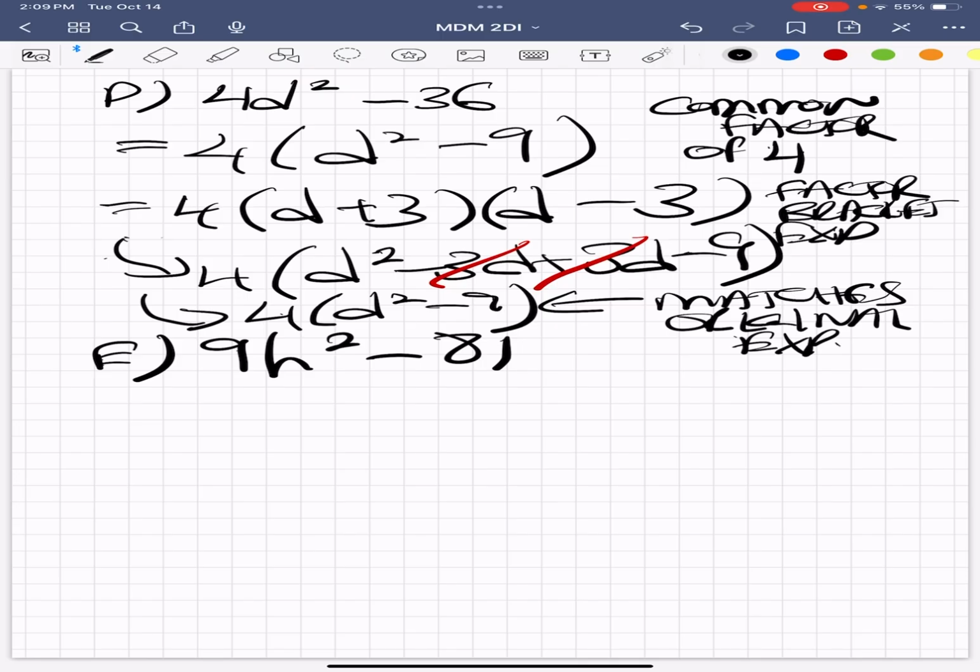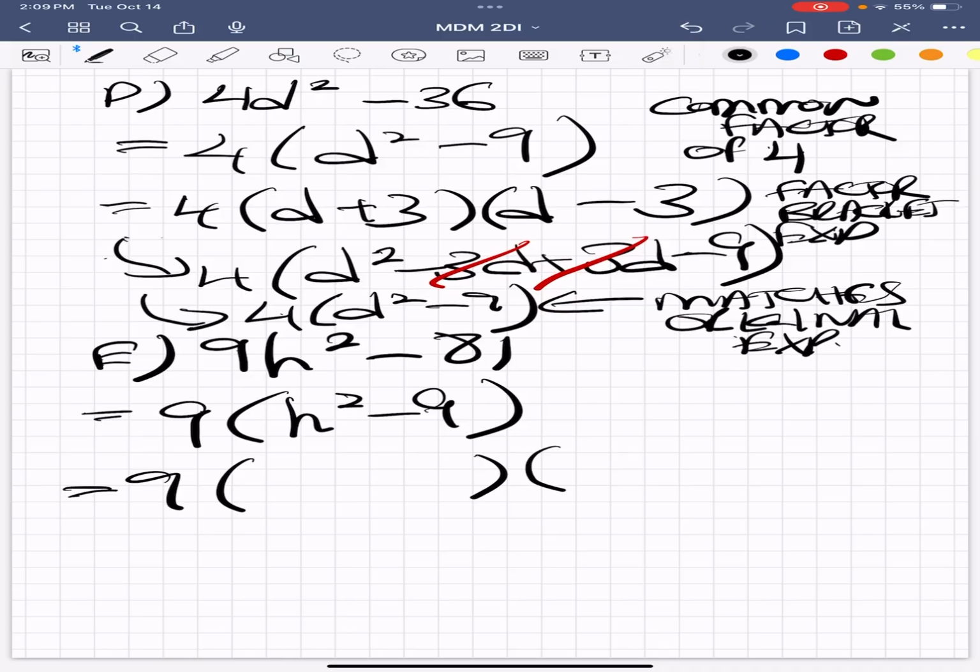Okay, moving on. We also have a common factor of 9. So we have 9 times h squared minus 9, and then we get our brackets ready: (h plus 3) and (h minus 3).